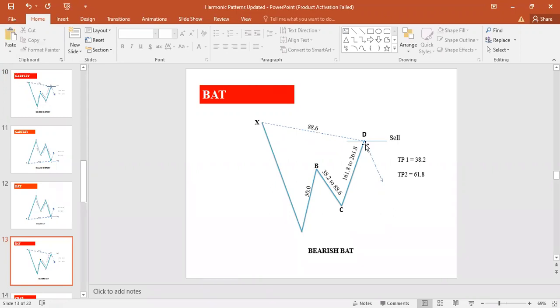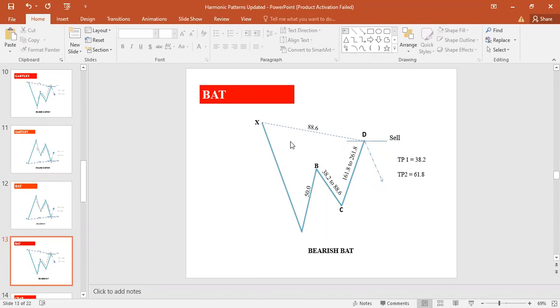This is the second confirmation. You check the B to C. The first, you check the X to A to give you 88.6. The second most important confirmation using the Fibonacci ratio is to check B to C to give you the extension. That's why I told you that when you are on a sell, the highs are more important, not the lows.